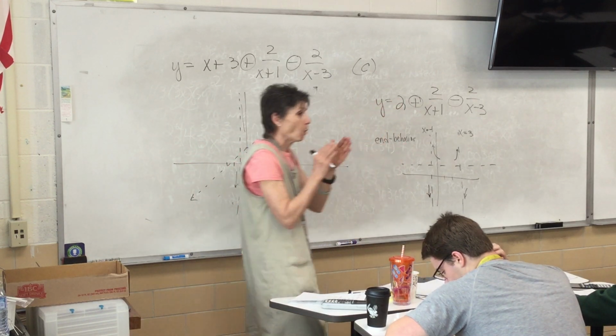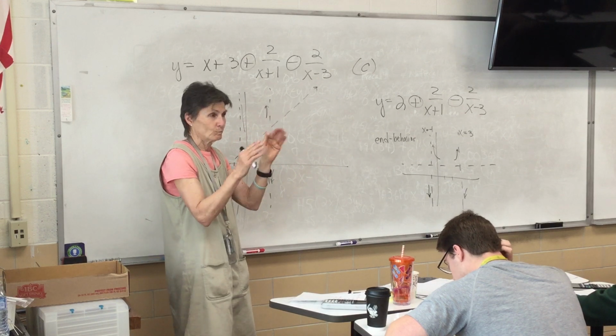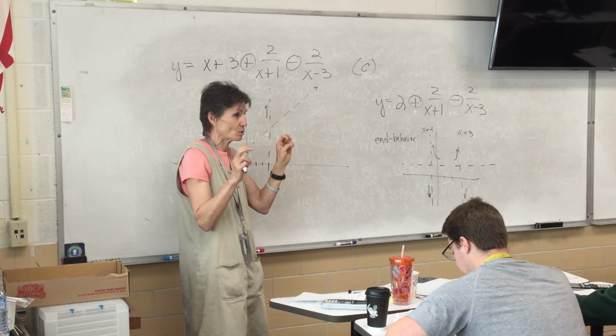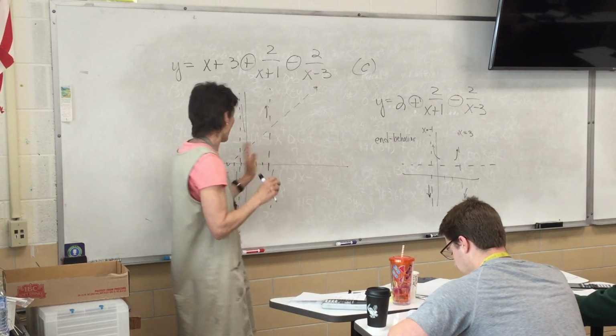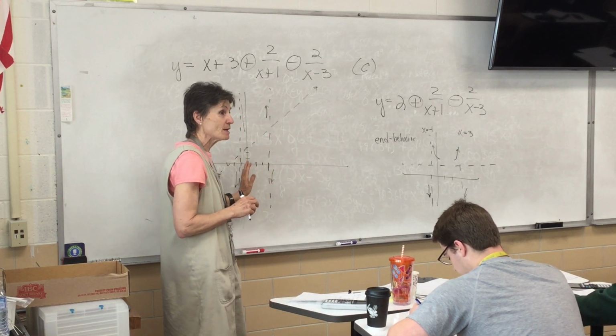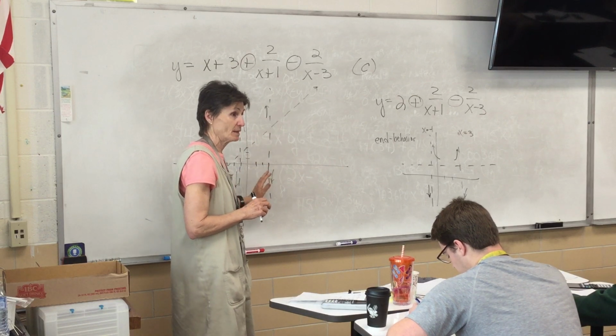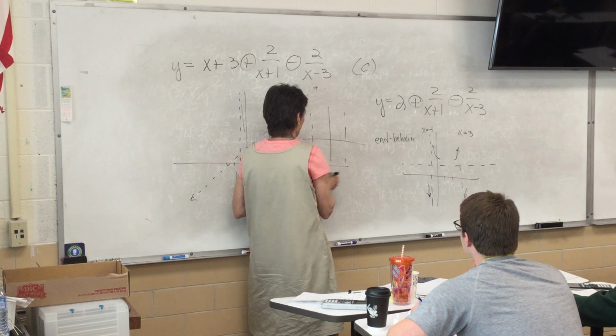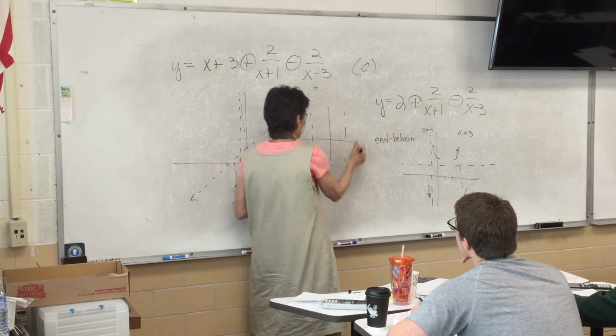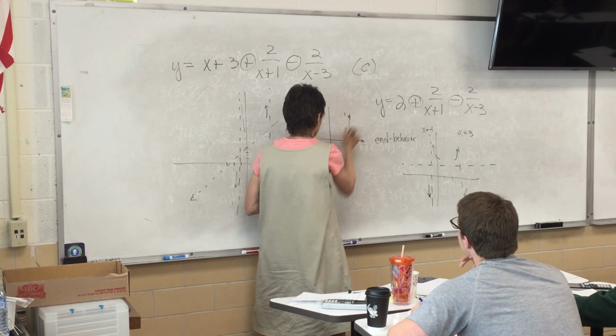So remember, horizontal asymptotes, also known as end behavior asymptotes, are special versions of end behavior asymptotes. They are not asymptotes in the middle of the picture. They can be crossed in the middle of the picture. So you'll remember, I think we even graphed some before where we had things that looked like this.